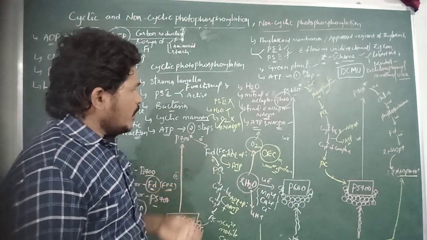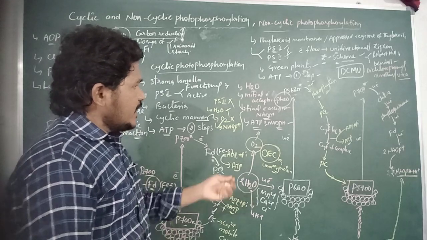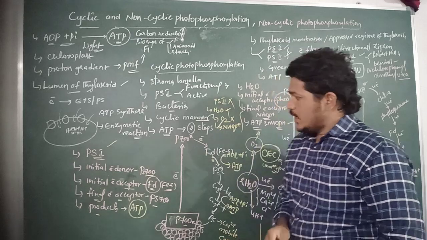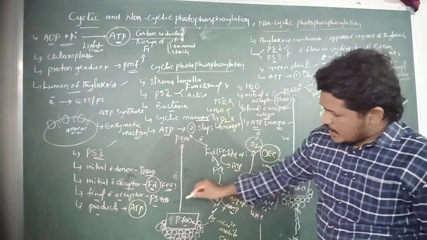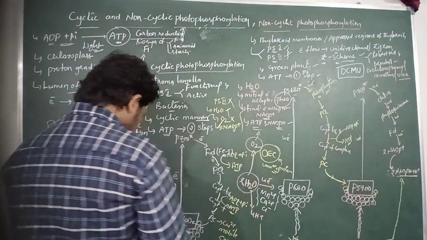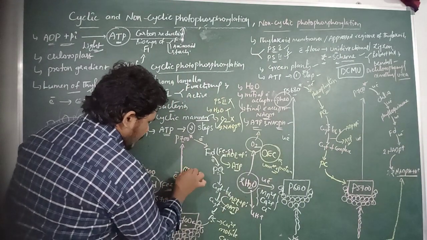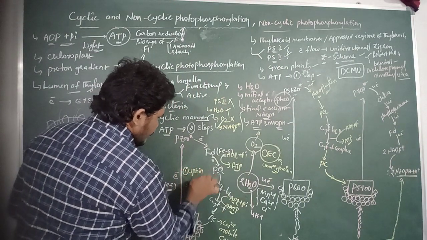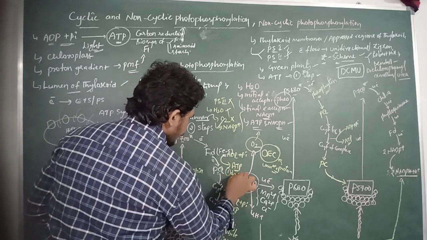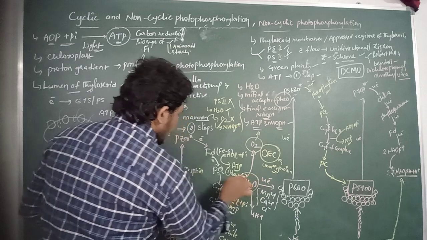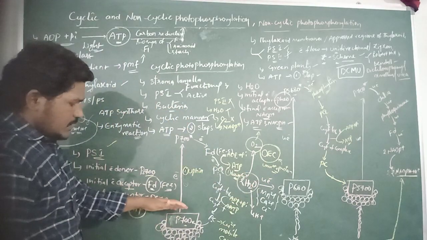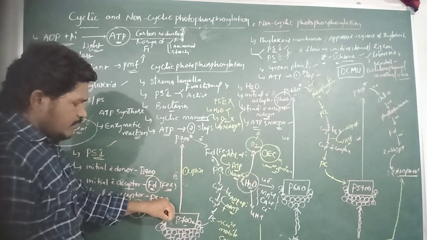Last one more point, that is the uphill and downhill steps. In the cyclic photophosphorylation there is one uphill and one downhill. Uphill means the electrons are transferred from one carrier to another.